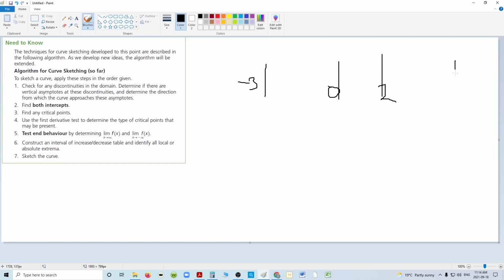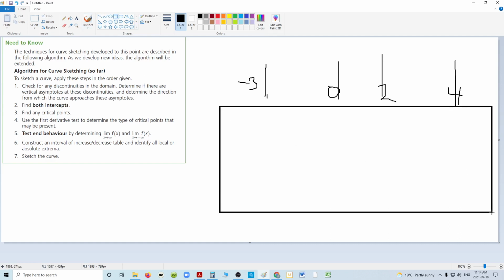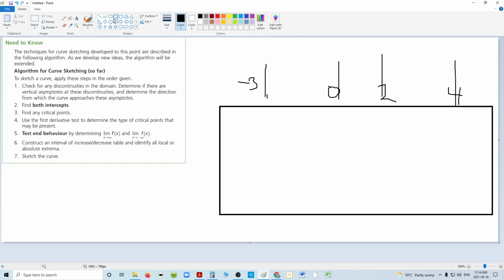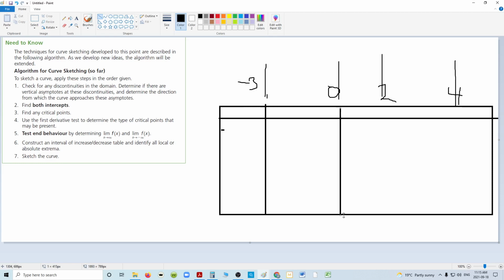And let's say you find another vertical asymptote at 4. I prefer to set up my table using those as measurements. So I would put in a top chart here like that, and then I would use those exact lines on the graph to set it up.